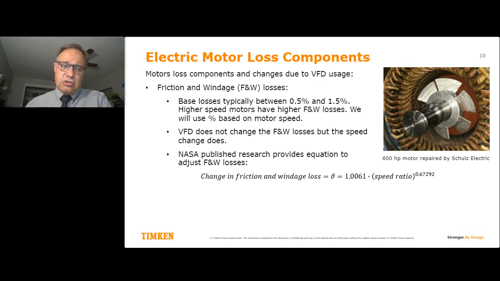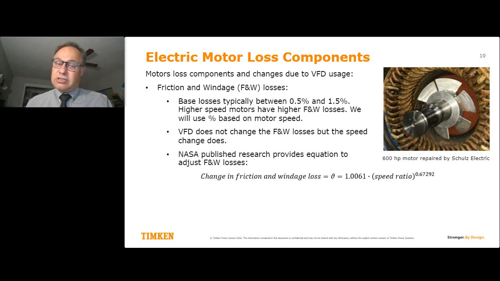We know that the friction and windage losses do not get influenced by the non-sinusoidal waveform of the VFD. And that's one of the reasons that, if we do the analysis, we can't just apply that formula to all the losses, because we would be treating the VFD unfairly and saying you're creating these additional losses in the friction and windage, which it doesn't.